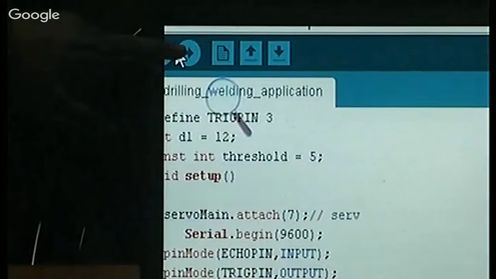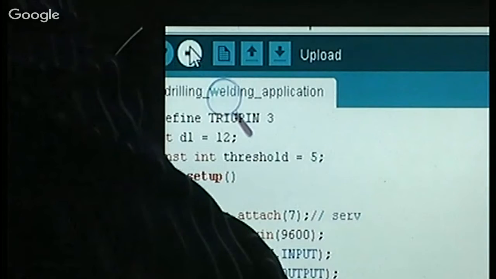This is the execute button where the cursor is. Now I am clicking this.